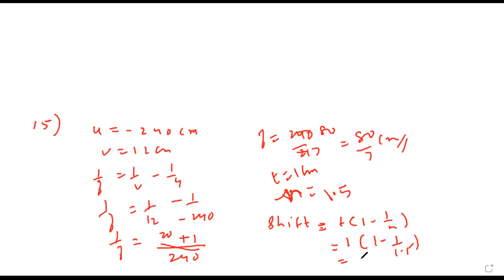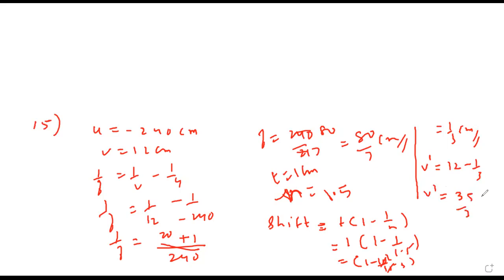That is 1 minus 10 upon 15, which is 1 by 3 centimeter. So our image will be formed slightly raised. Earlier it was getting formed at 12. Now it will shift upward by 1 by 3. So the new position of image will be 36 minus 1 by 3, that is 35 by 3. This will be the new position of image.